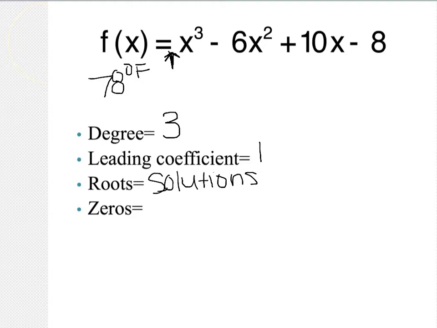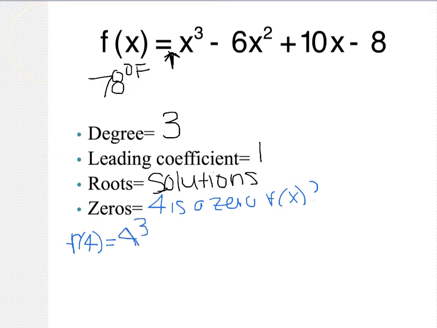Now, some of this you might see in your assignment card. It might ask you to determine if, for example, 4 is a zero of f of x. To determine that, we would plug in f of 4. As you recall, all we're doing for x is plugging in 4.